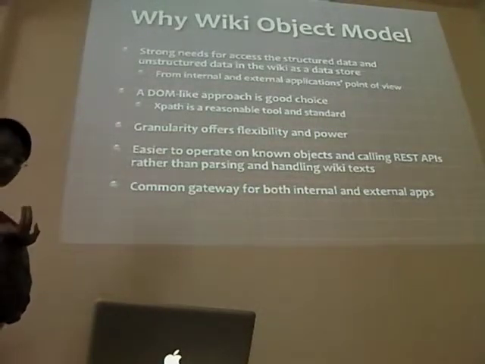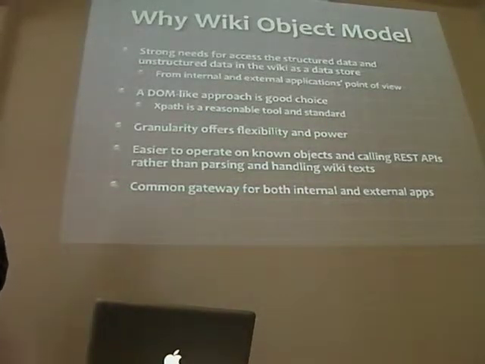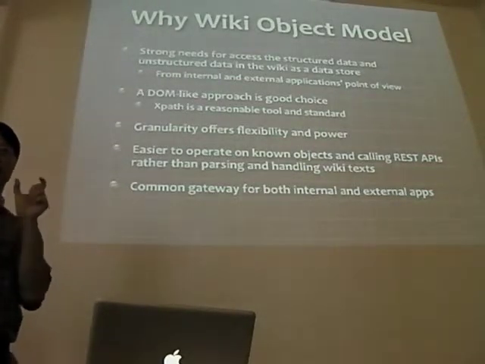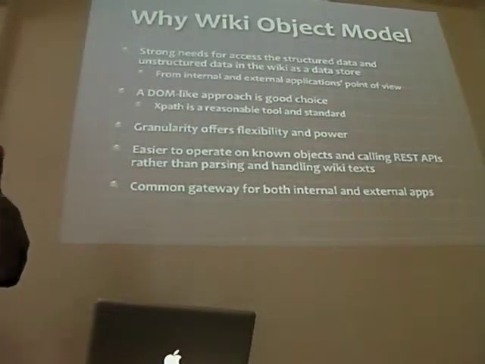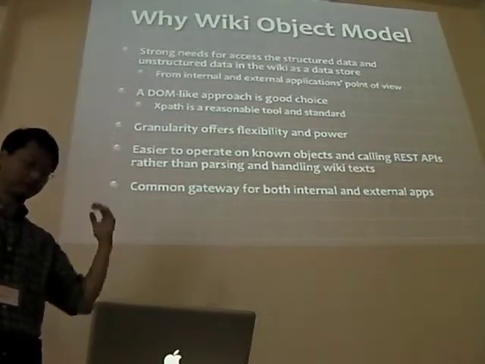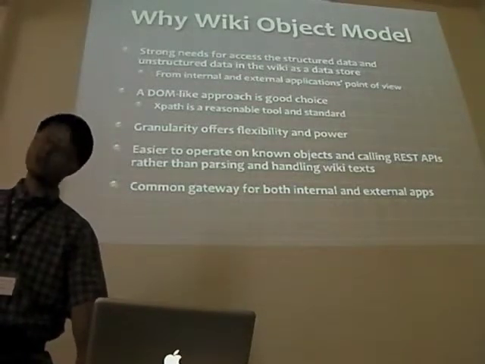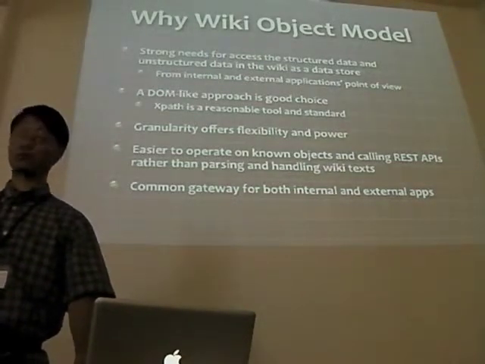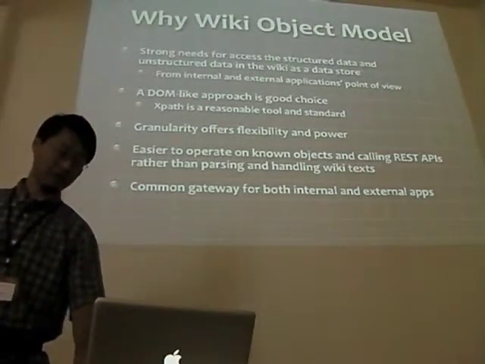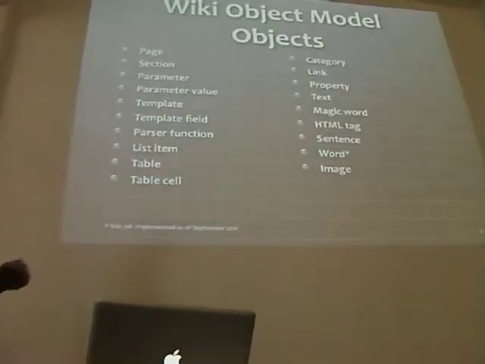For example, you can access the title of a section, or a table, or a table cell, or a bullet list, or a property, and then modify it, add a new property, or remove a line in the page, all by API calls. This finer granularity offers greater flexibility, and it's available through REST APIs, and also PHP APIs as well. So it's extensible, and you can see some of the objects here.